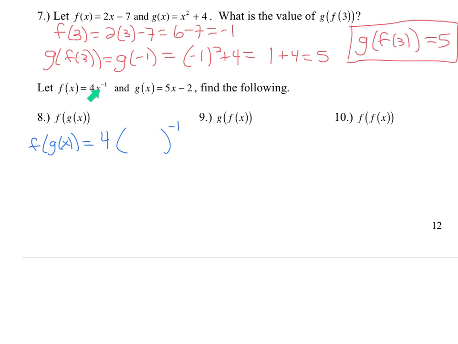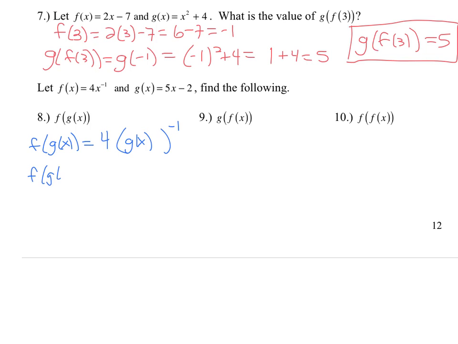When I get to my input, I'm not going to write it. I'm just going to put some parentheses, leave a blank space so I can substitute for my input. The input they want me to use is g of x. So I'm going to put the g of x function right in here.